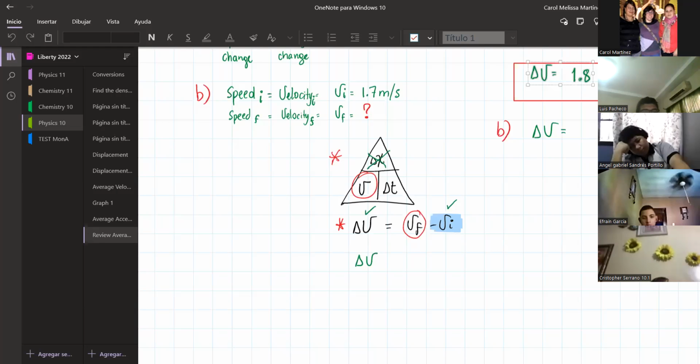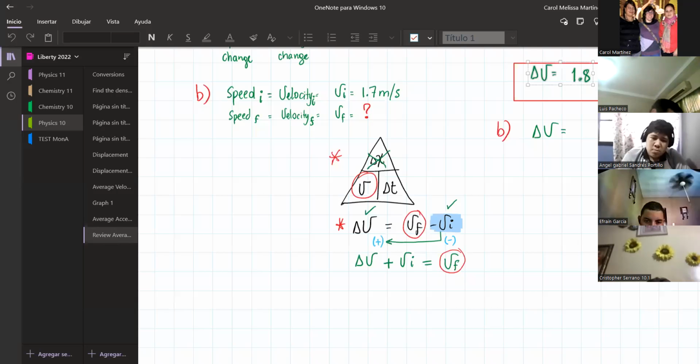So we say delta V plus initial velocity. It was subtracting and it went to the other side to add, from subtraction to addition. Then I write the rest of the equation. This is equal to VF. This is the isolation that I'm using to find VF.